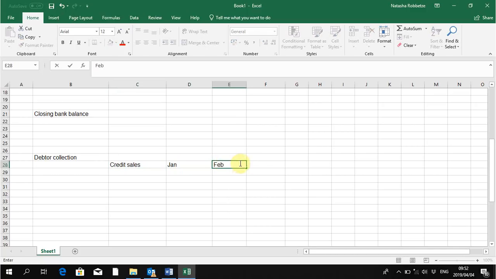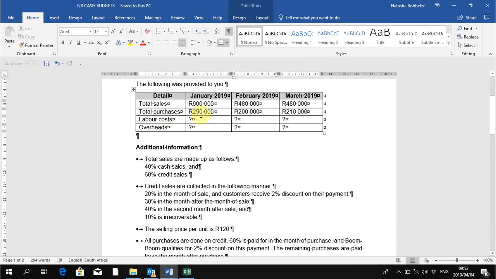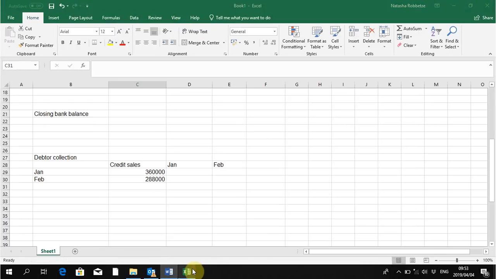I don't need to calculate March because March was not required. Then downwardly, I'm going to say January and February again. So for the credit sales, in January it was 600,000 Rand sales at 60%, and in February, 480,000 Rand sales at 60%, which constitutes credit sales. So there's the 600 total, there's the 480 total.